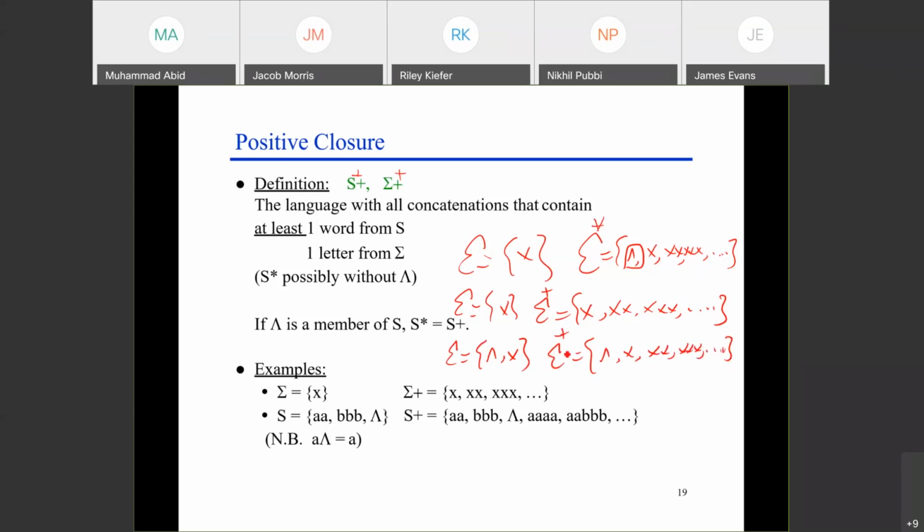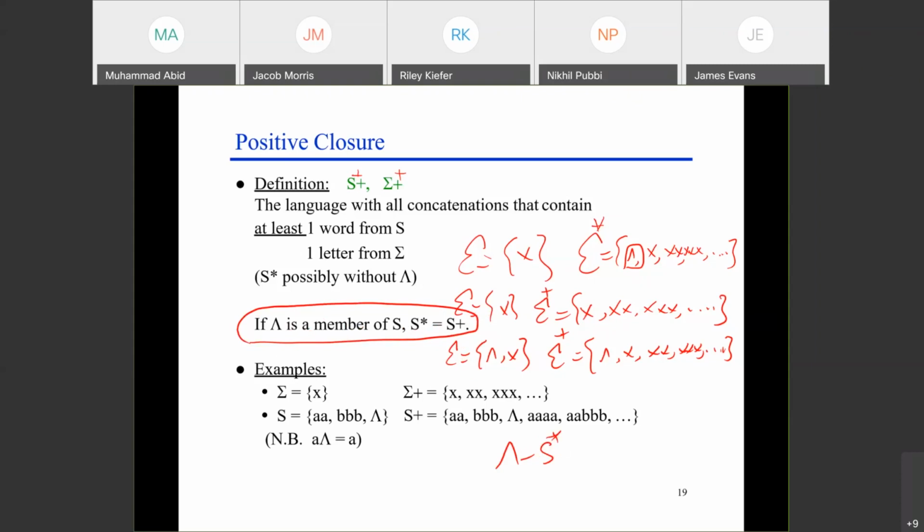So we can say that S star, if lambda is in S, so now you can understand this line. If lambda is a member of S, then S star is equal to S plus. Otherwise, it is equal to S plus union lambda. Okay, so this is basically what we are saying.